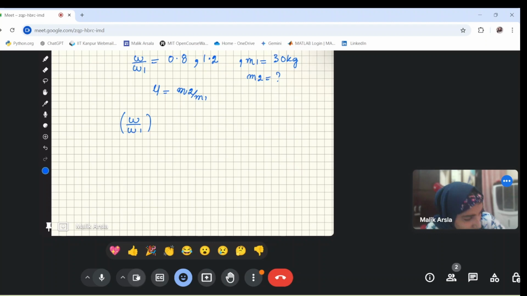Let me calculate it. It is 5000 into 2 pi upon 60. It is coming out to be 523.598 radians per second. So I can put this value here.